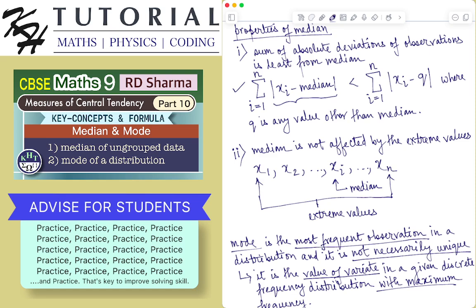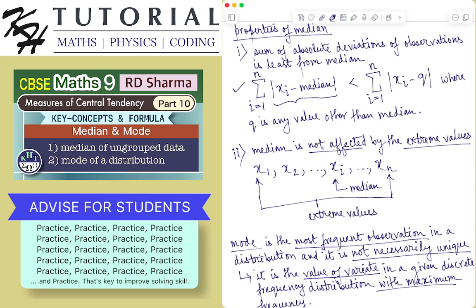Now it is saying that median is not affected by extreme values. Extreme values means the values to the extreme left and to the extreme right in the sorted observations. So if you change x1 and/or xn, but still x1 is less than xi and xn is greater than xi, then still the median will be xi.